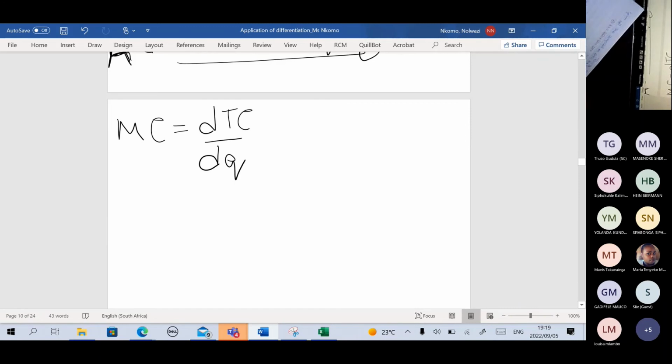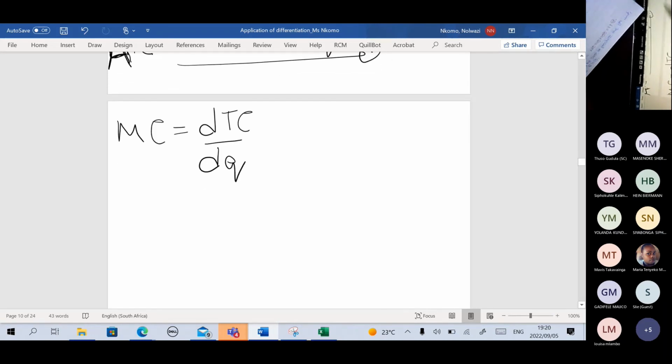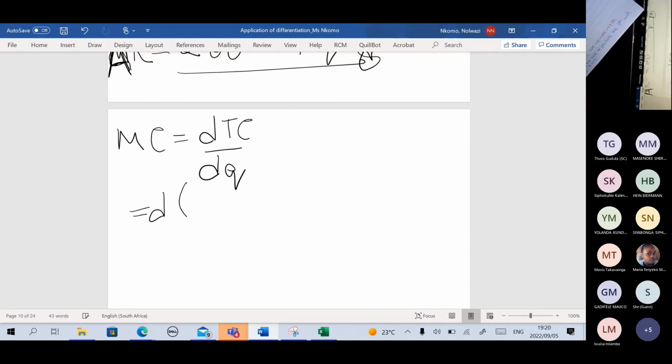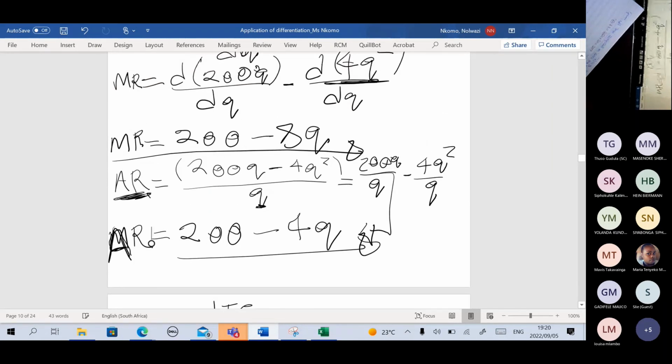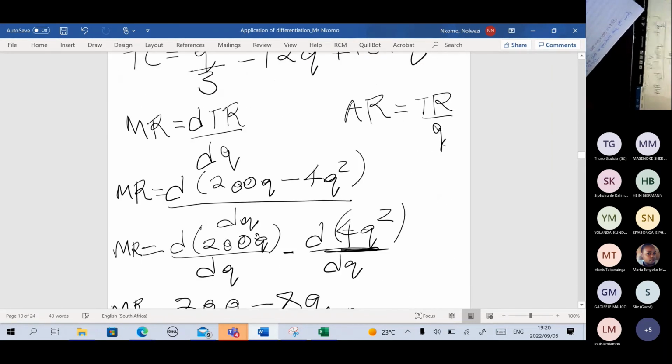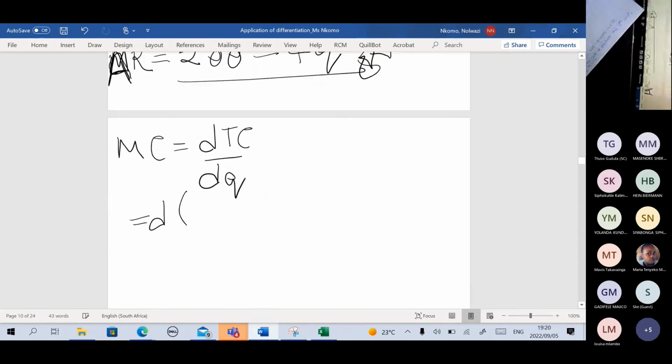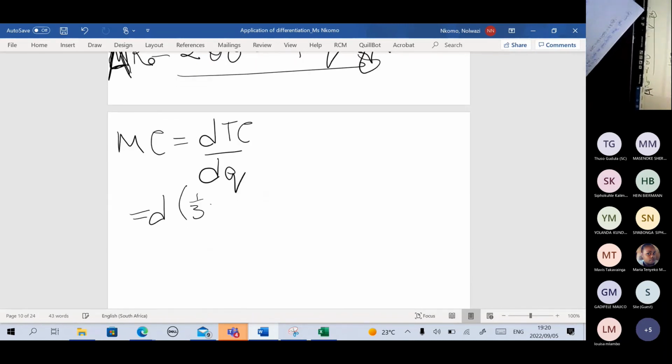Okay, we said we also find the marginal cost too, and the marginal cost is the derivative of the total cost, right? So we are asked to differentiate our total cost. Please give me the total cost again.